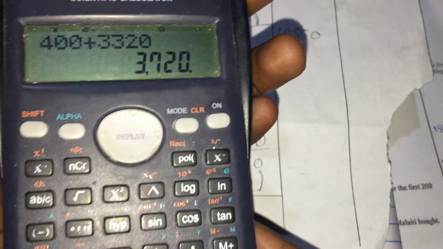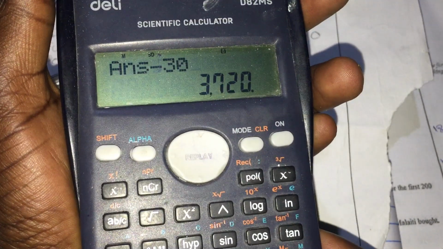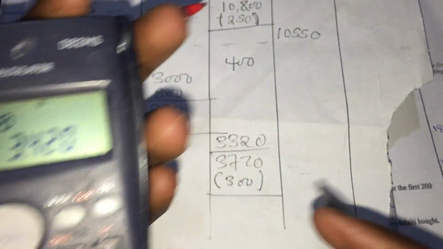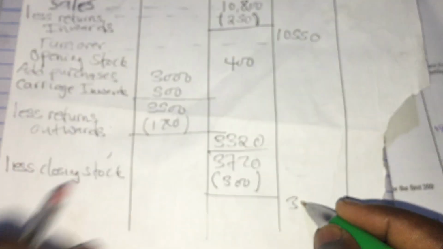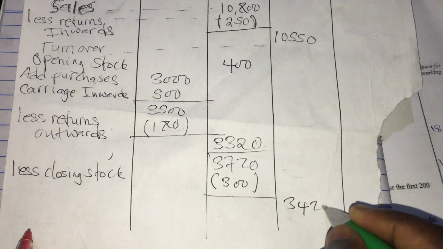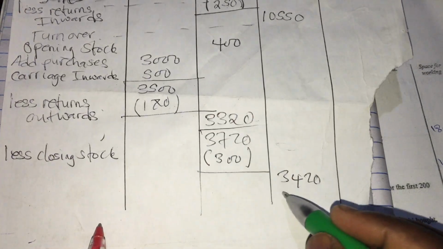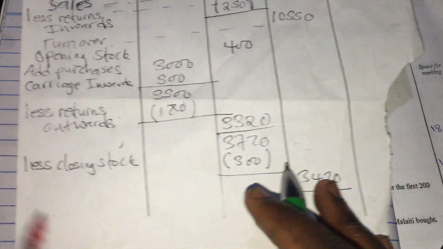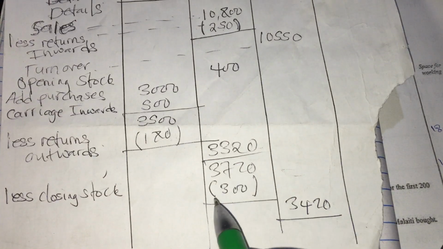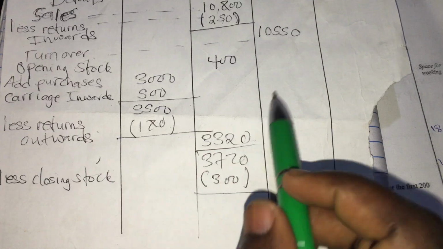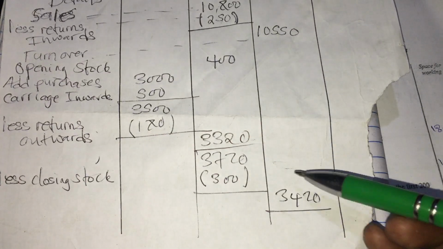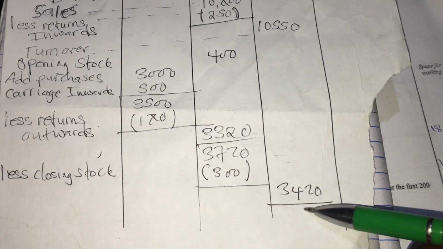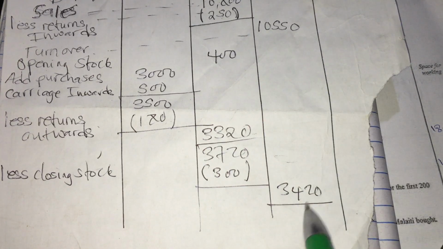Let us subtract, then we say minus 300, which is 3420. Then we have the amount here, which is the turnover, so we are going to subtract this amount from this amount. Upon subtracting, our answer has a negative.